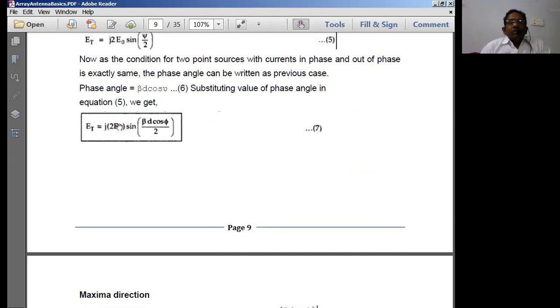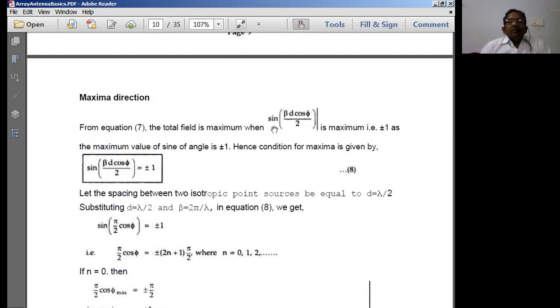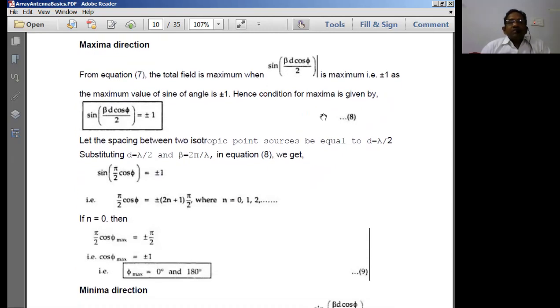So therefore, if this is maximum, then the sine of beta d cos phi by 2 becomes equal to 1. When this becomes equal to 1, you get a maximum value of Et. Right. So therefore, for maxima, this sine of beta d cos phi by 2 should be equal to plus or minus 1 for it to be maxima value. So as a maximum value of sine of angle is plus minus 1, we write the condition for maxima is going to be something like this. Okay.